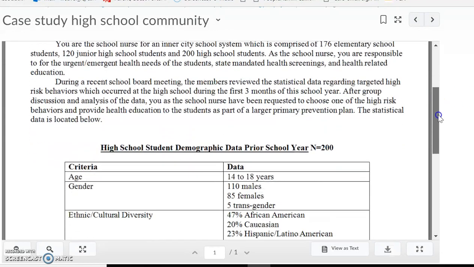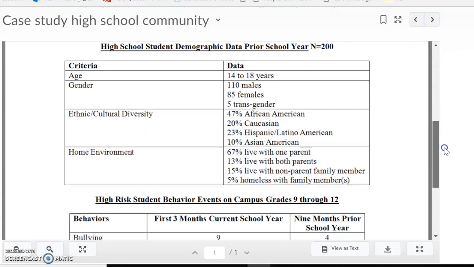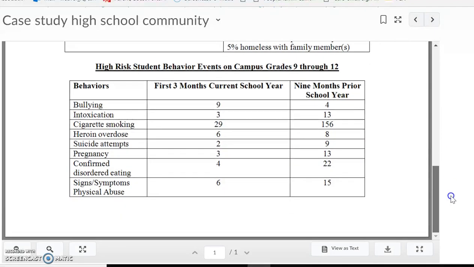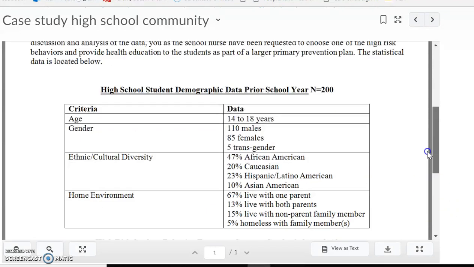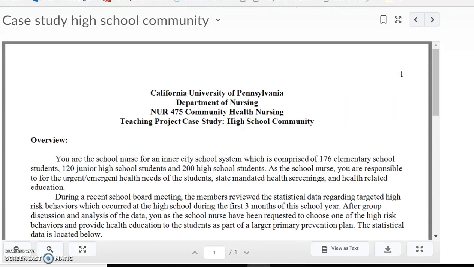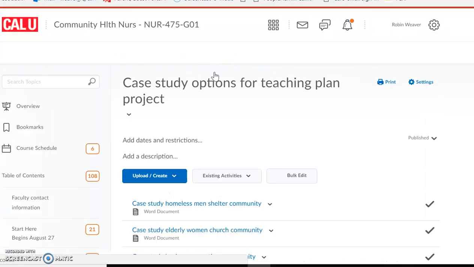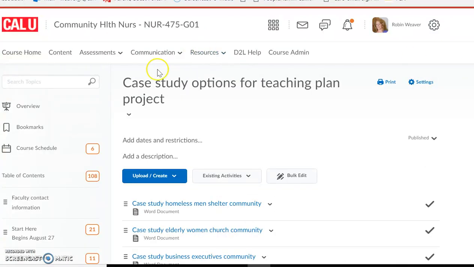Then again, we gave you some demographic information that you can mull over and decide what you think you want to address. And then that's how you identify your topic. So anyways, I'm not going to open all of the case studies, but that's where you would find the case studies. And let me go back to the content.